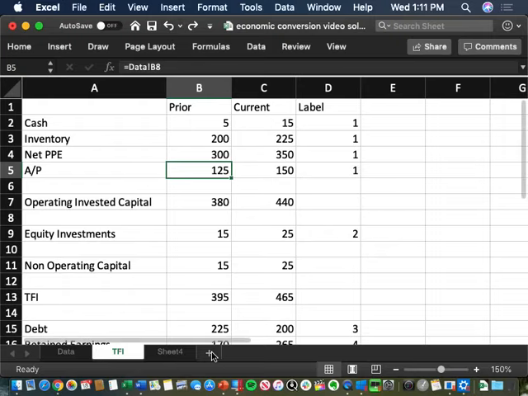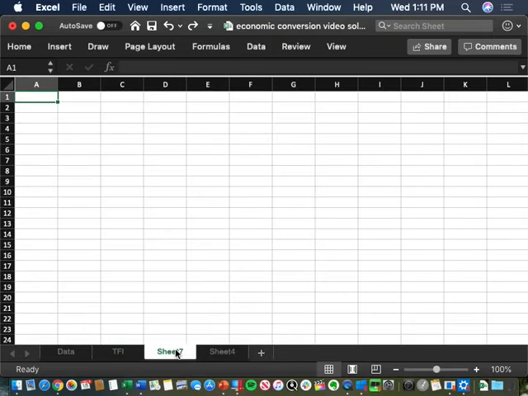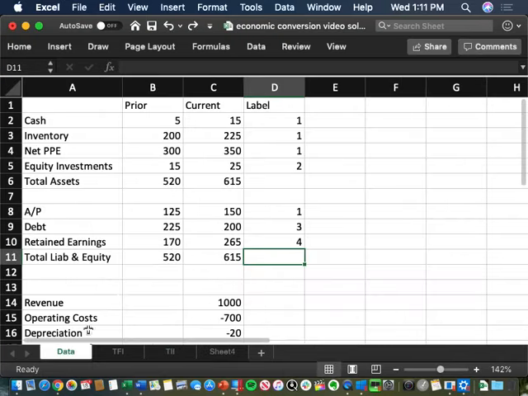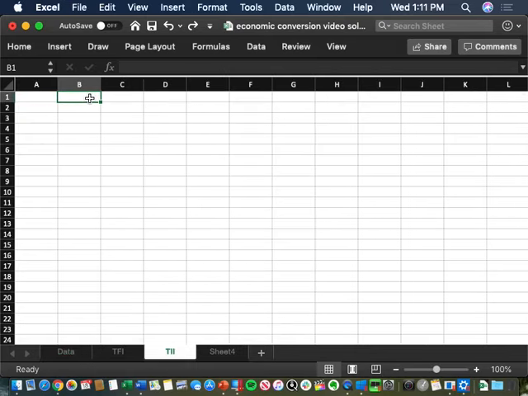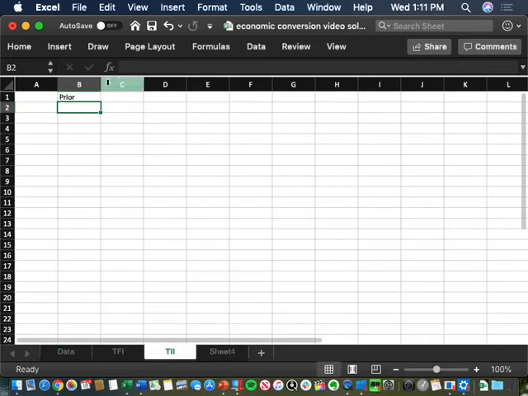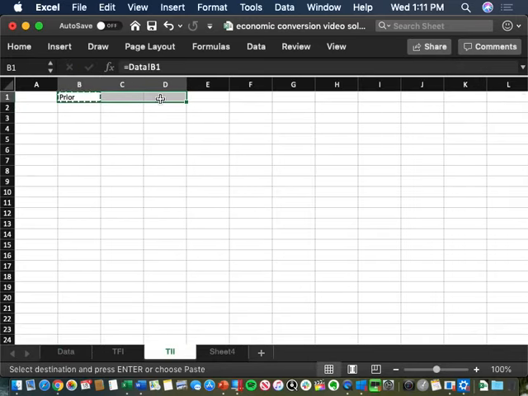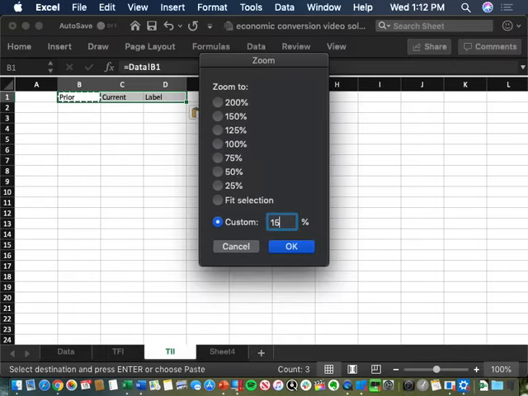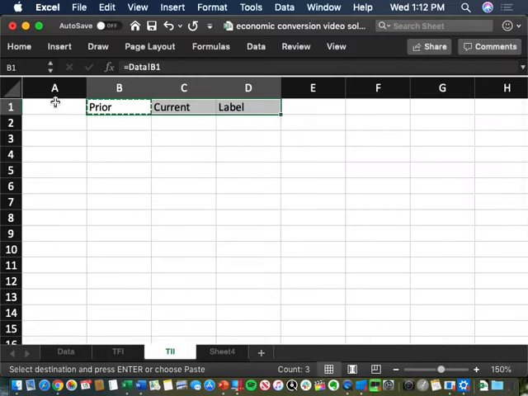Statement number 2, the rearranged income statement, TII. Total income available to investors equals. All right.